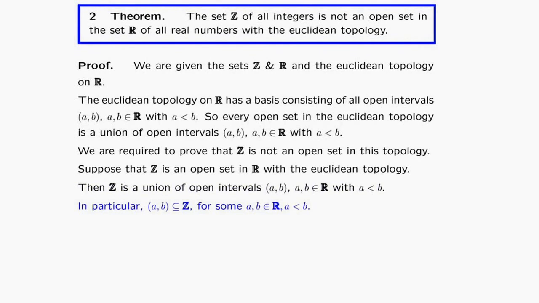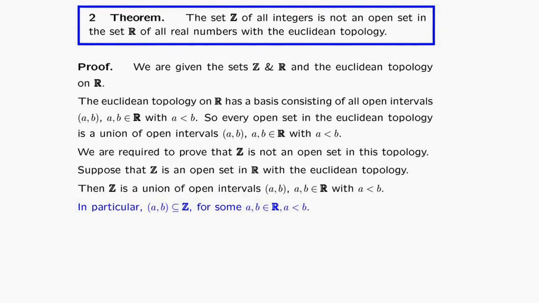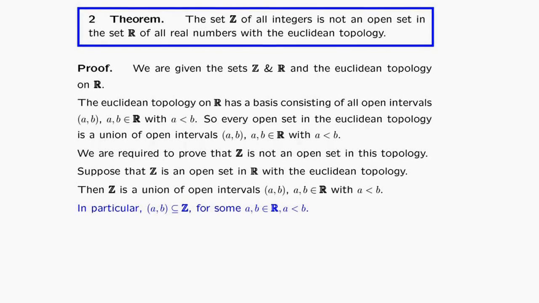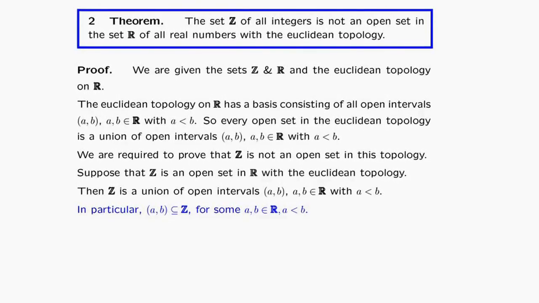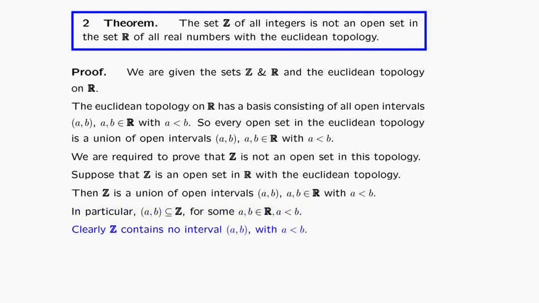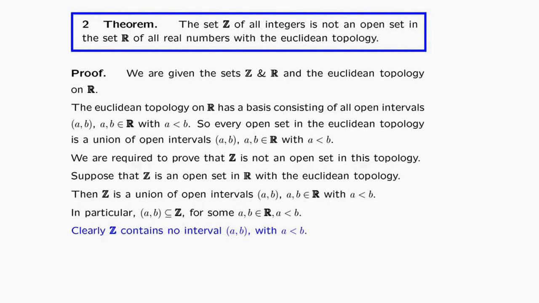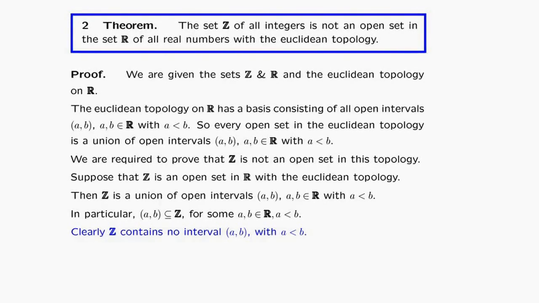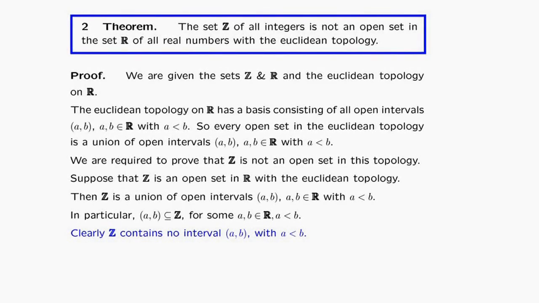If Z is a union of open intervals (a, b), it is certainly the case that Z must contain an open interval (a, b) for some a and b in R with a less than b. Of course, Z does not contain any interval (a, b) with a less than b. There are many ways to verify this.